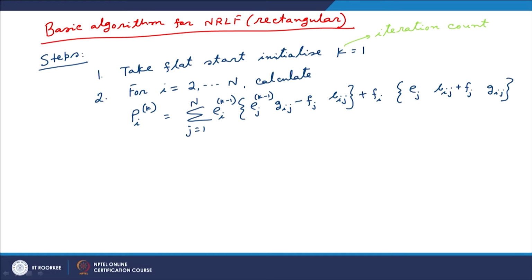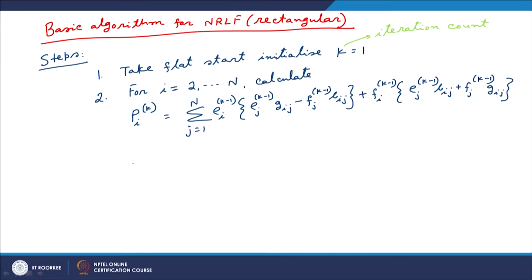So, when we are evaluating P i k, we need to use the previously known value, the last known value, of all these real and imaginary parts of the voltage in this expression.